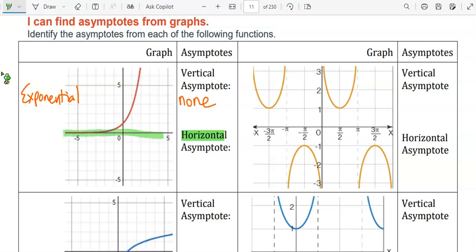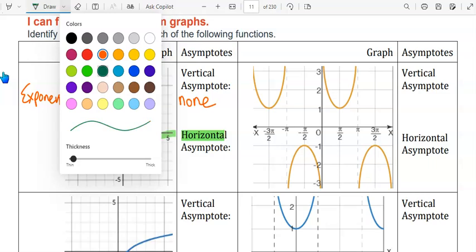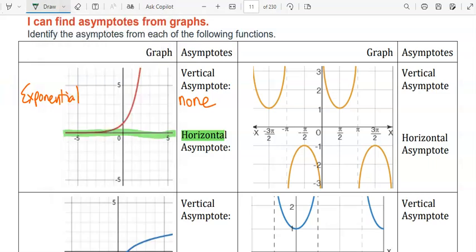That'll be this line right here. It looks horizontal right there, but it actually doesn't quite touch that x-axis. This is going to be y equals 0. This line right here is at y equals 0.